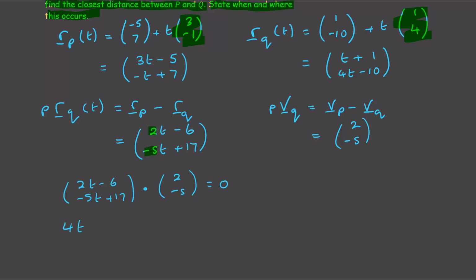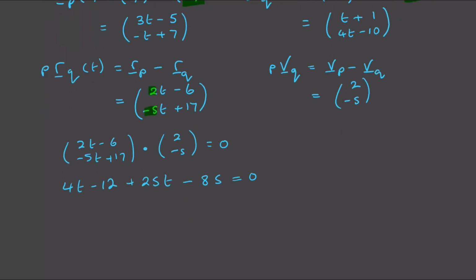So that gives me 4t take away 12 plus 25t take away 85 is equal to 0. So 29t would be equal to 97. So t is going to be 97 over 29.